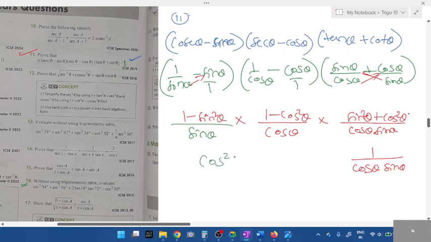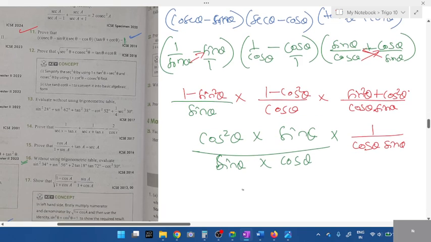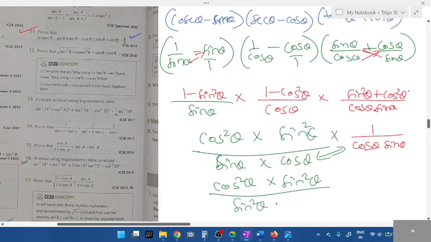Cos square theta, and here you get sin square theta, sin theta into cos. So cos square theta as it is into sin square theta as it is. Multiply the denominators. How many times sin square theta is given? Twice. And cos square theta? Twice.